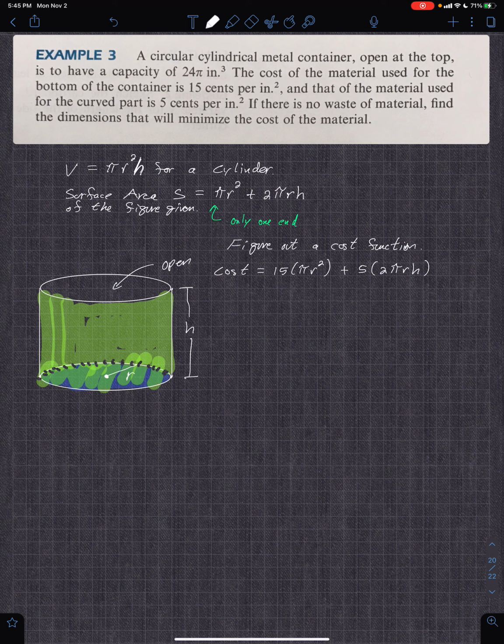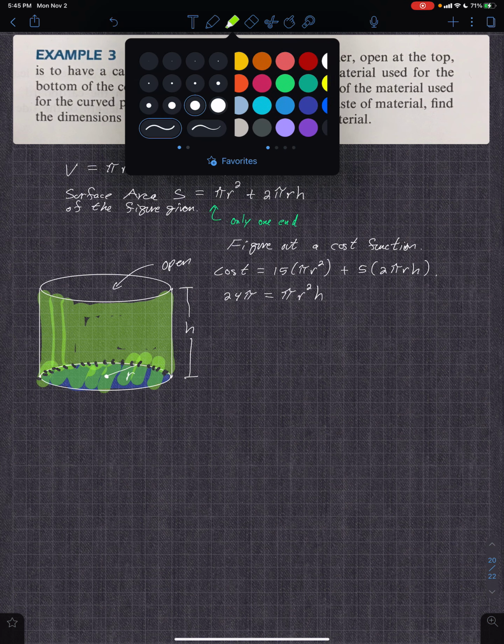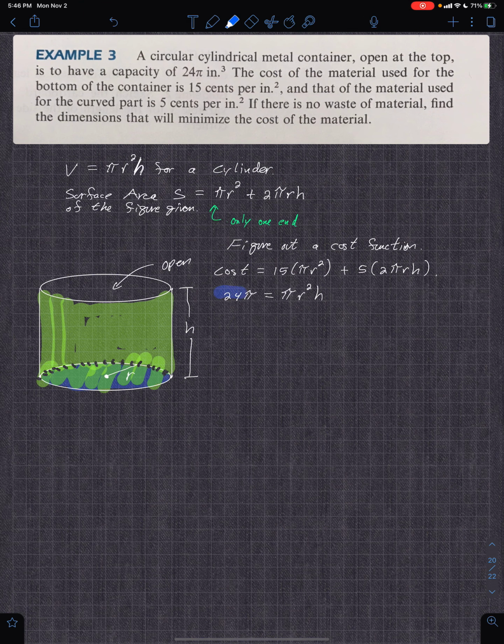All right, so then I also have given that the volume is 24 pi is equal to pi r squared h. Okay, so this is given. I want to just try to be somewhat clear that this part is given. It's right there.